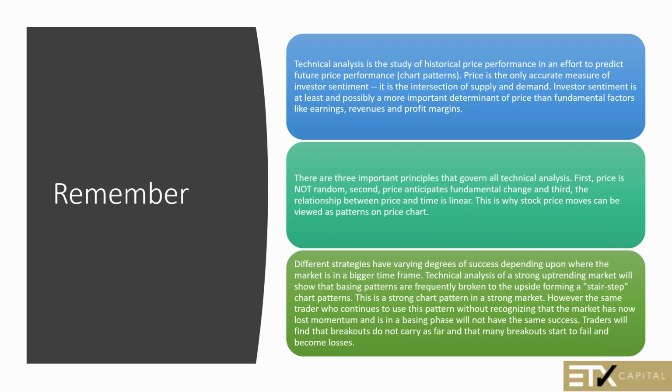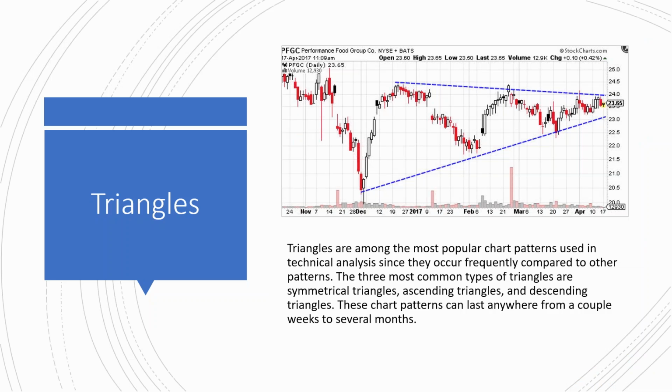This is a strong chart pattern in a strong market. However, the same trader who continues to use this pattern without recognizing the market has now lost momentum and is in a basing phase will not have the same success. Traders find that breakouts do not carry as far, and as many breakouts start to fail and become losses.